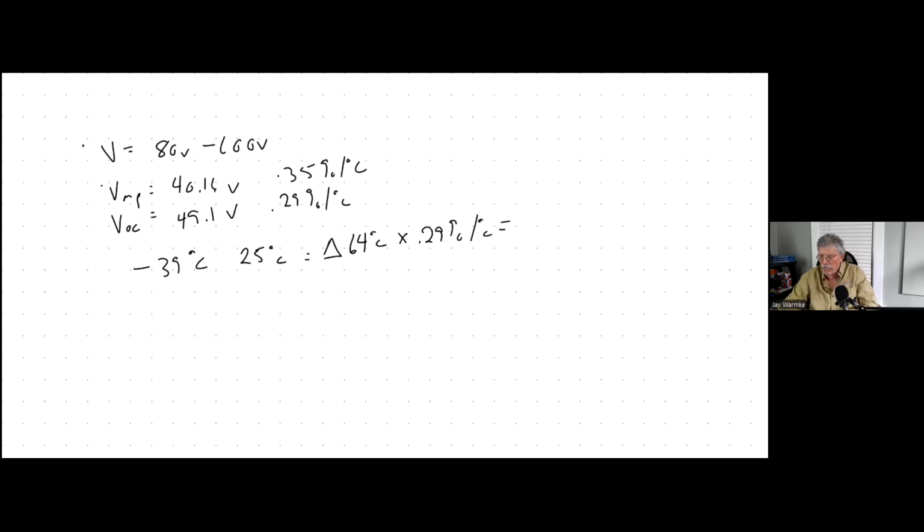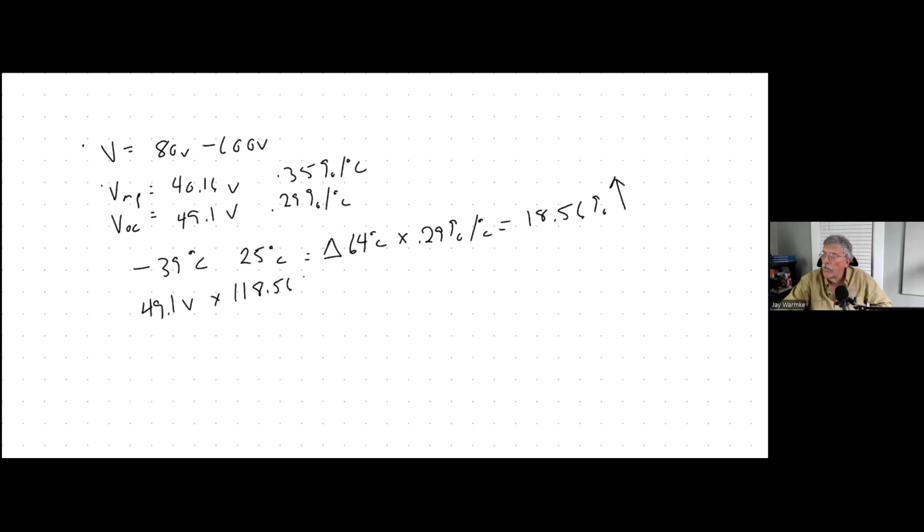And now 64 times 0.29 gives me 18.56. So 18.56% more volts on the coldest day ever, assuming that it's sunny. More than what? More than VOC. So 49.1 volts is the theoretical maximum voltage times 118.56%.